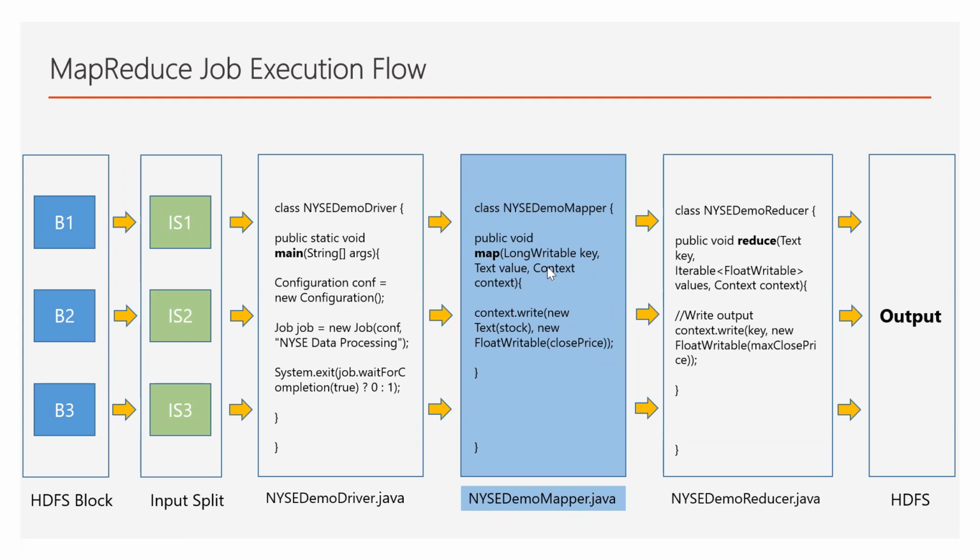Okay, so in the map method, I mentioned in the last class, in MapReduce, everything you express as a key value pair, right? Even though the data comes as lines and you have primitive types like string and integer, the abstraction in MapReduce is the key value pair.